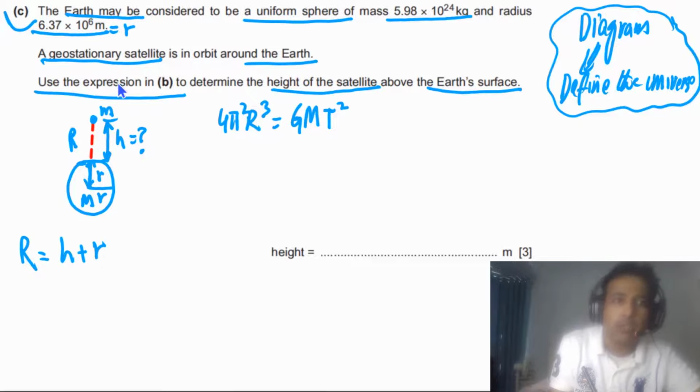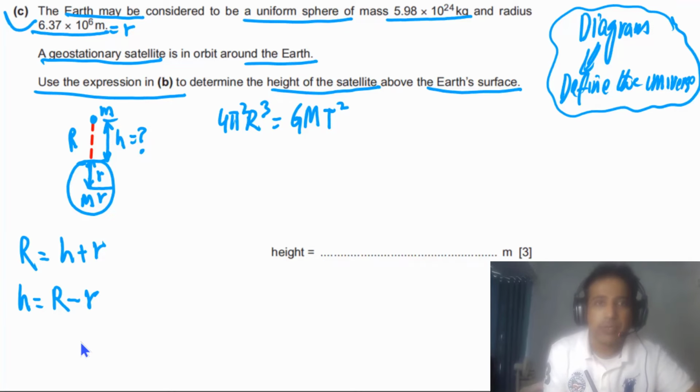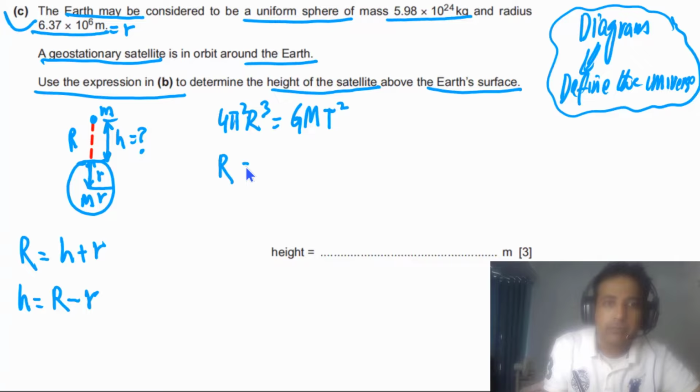So from here then we can find out h, which will be equal to capital R, meaning the orbital radius, minus the radius of the planet. So in this case we need to find out first of all capital R, and capital R we can simply write down as G M T squared divided by 4 pi squared, to the power of 1 over 3.